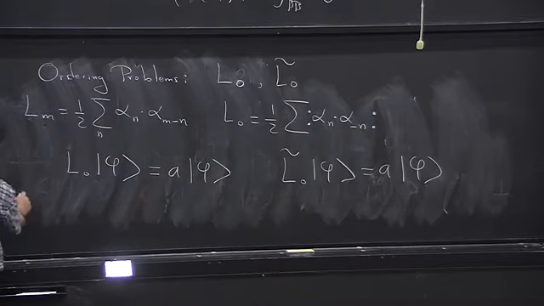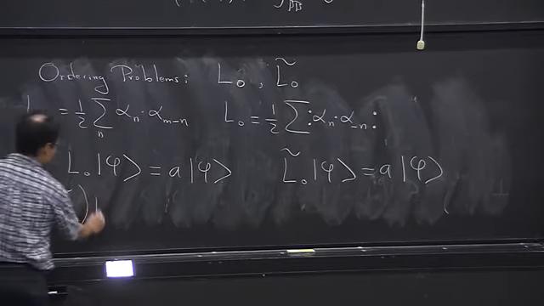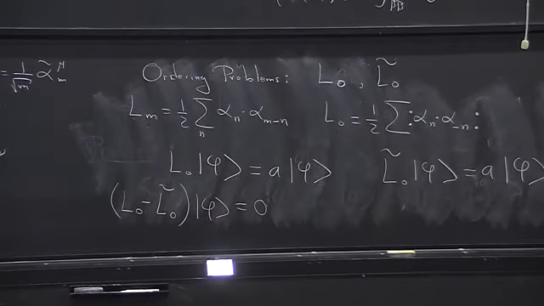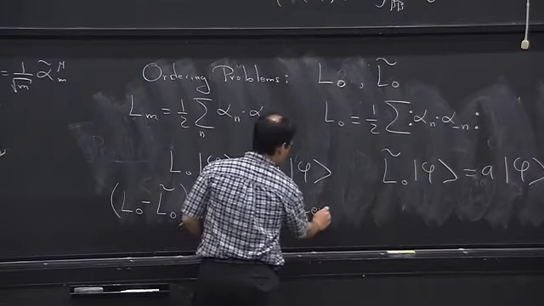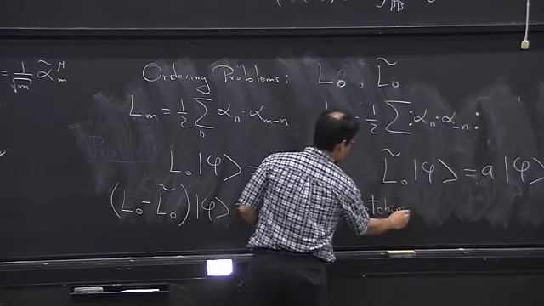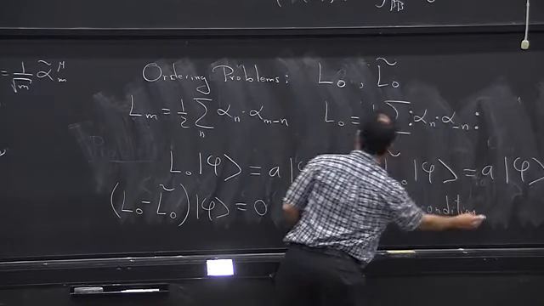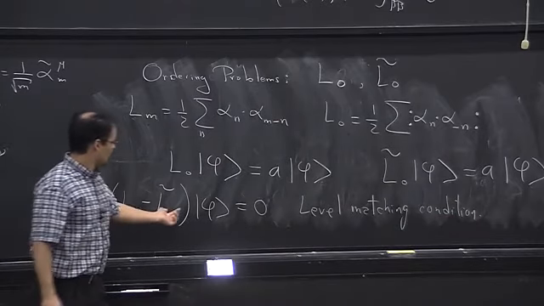So we see from here that what annihilates a physical state is the difference of the two operators. And this is sometimes called the level matching condition for the closed string. Which means that you cannot just excite some left movers without exciting right movers.